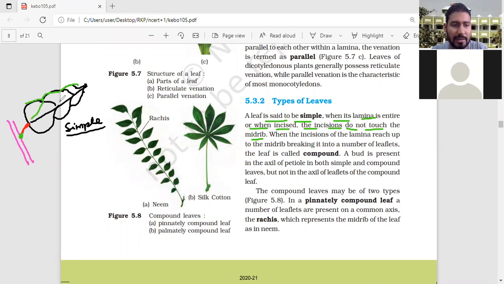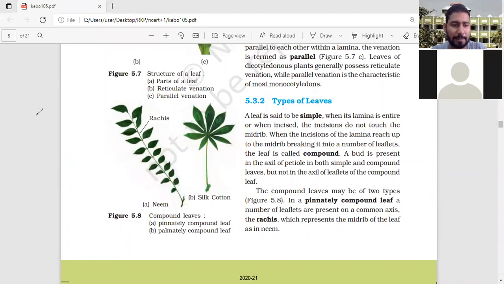Sorry, I have drawn wrongly. Like that, if you see, this is the leaf. Now they are forming in this way, it is fine.